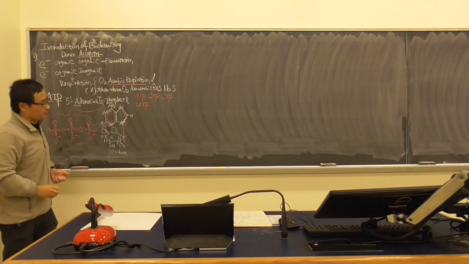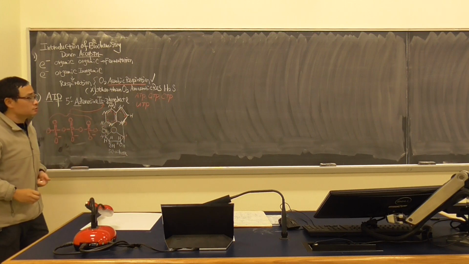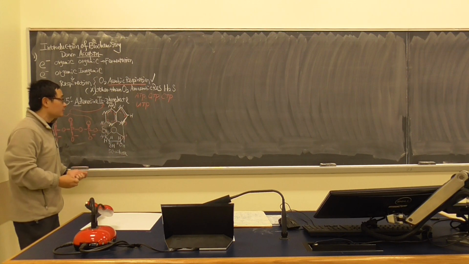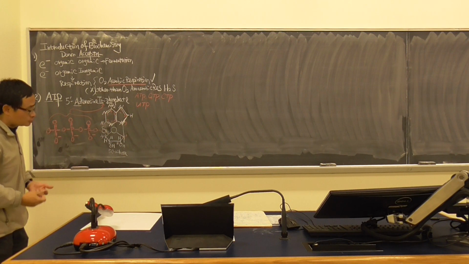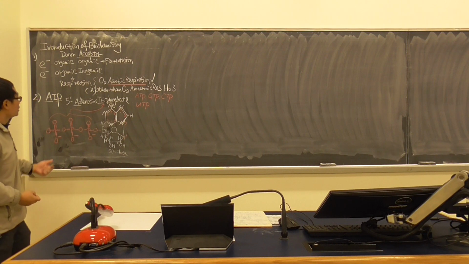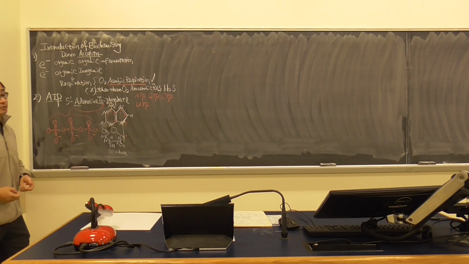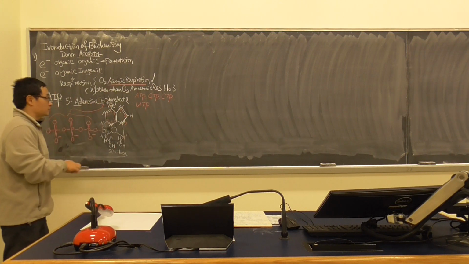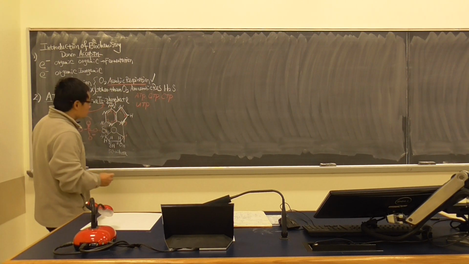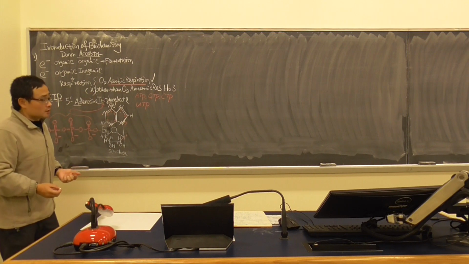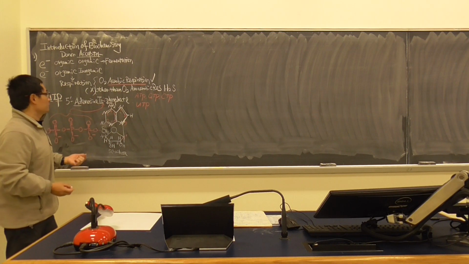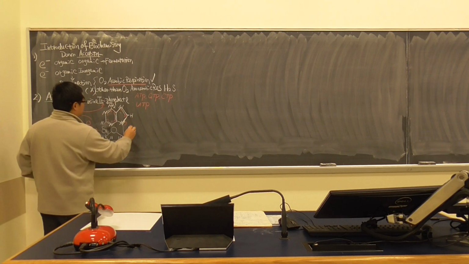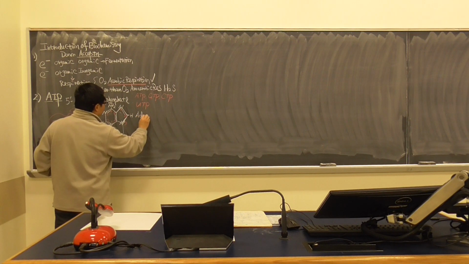I never heard about TTP, but these others could also be a backup plan used as energy currency, as a replacement for ATP sometimes. So let's talk about what the structures look like, okay? This is something like we review the purines and the pyrimidines, and we already have the A right here. So adenine is right here.